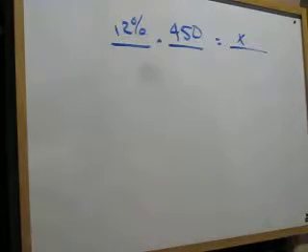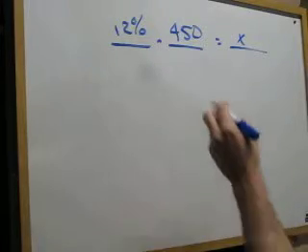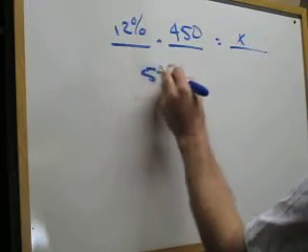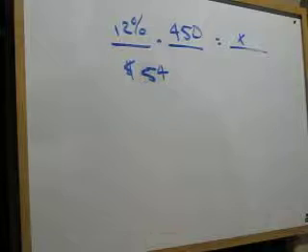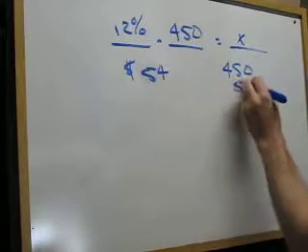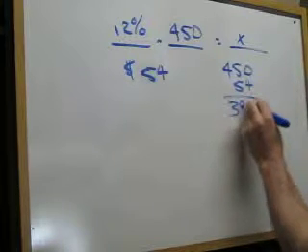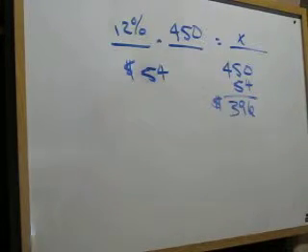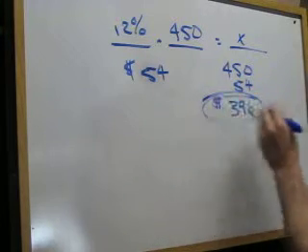I'll let you go ahead and do the multiplication, and you get $54. So that's how much off you're getting on this washing machine. So 450 minus 54 means you're paying $396 for this washer. Is that what we're looking for? How much is the total bill? No, but that's how much we're paying for it.